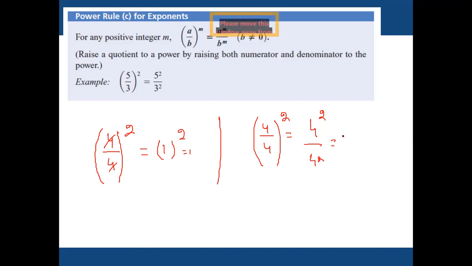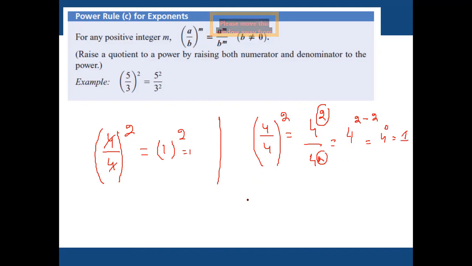Both bases are the same, so write down one base and subtract their powers. For the numerator we have 2 minus 2 for the denominator. So 4 power 2 minus 2 equals 4 power 0, which equals 1.